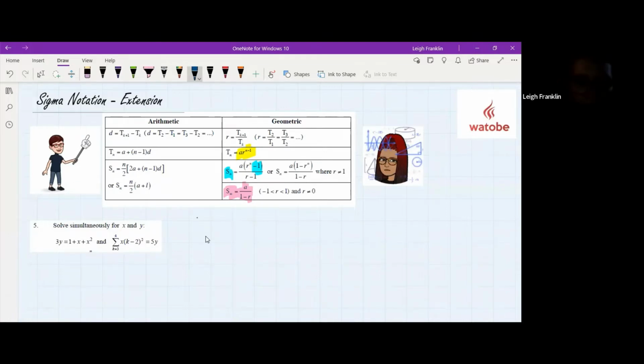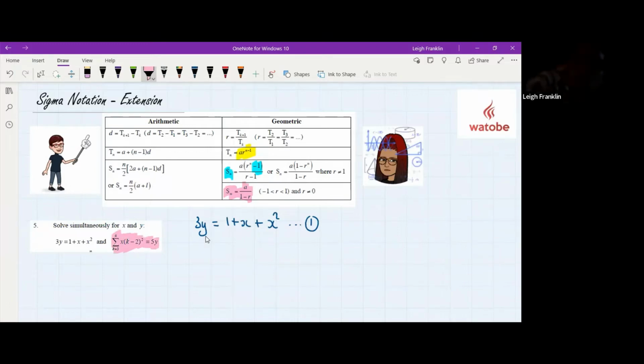Equation number 1 is 3y equals 1 plus x squared. That is equation number 1. We need to make equation number 2 from the information that they give us.